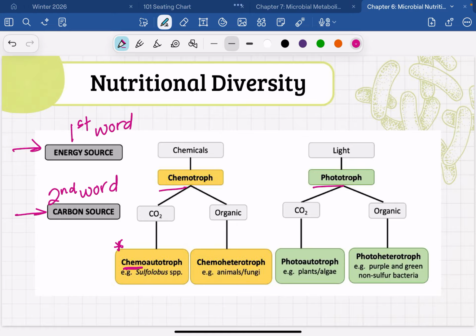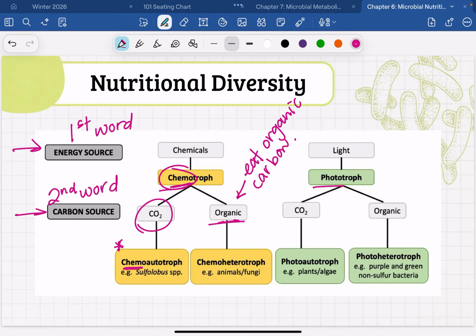So if they get their energy from chemicals and their carbon, they make it themselves, they're auto, they make it themselves from CO2, they are chemoautotrophs. You just combine the 2 words. Okay. If they get their energy from chemicals, but they have to eat organic carbon, meaning they get it from somewhere else, they have to eat other organisms that have produced this organic carbon, then they are chemoheterotrophs, right?